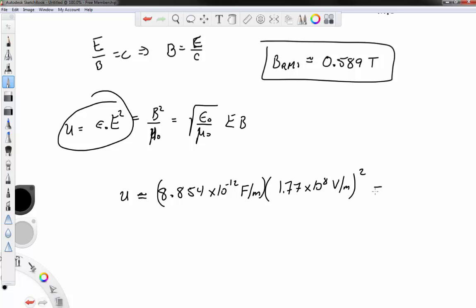So what I end up coming up with is basically 27.7 times 10 to the 16 minus 12, which would be 4, and that's joules per cubic meter. So if we want to put this in a little more proper scientific notation, maybe 2.77 times 10 to the 5th joules per cubic meter.